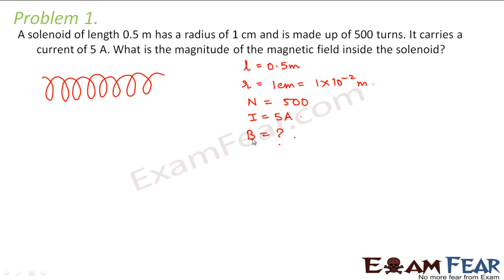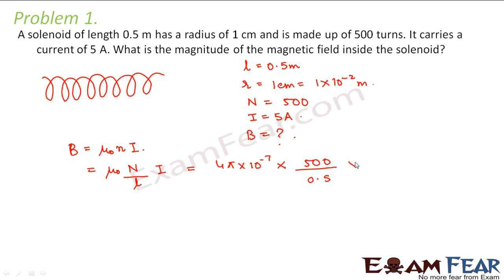So the magnetic field inside a solenoid is given by mu naught n i, where small n is the number of turns per unit length. So we can write small n as total number of turns per unit length of the solenoid, into I. Now we can write this as mu naught is 4 pi into 10 to the power minus 7, capital N is 500, divided by L is 0.5, into current is 5 ampere.